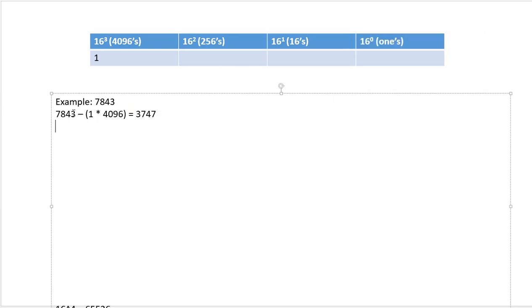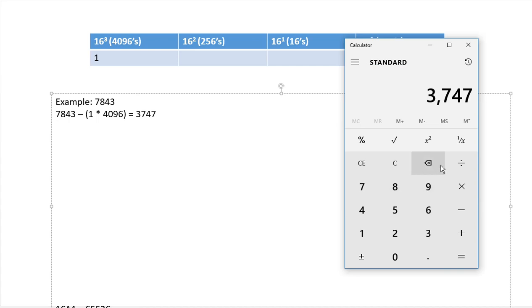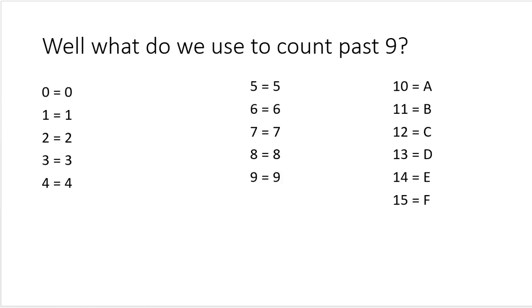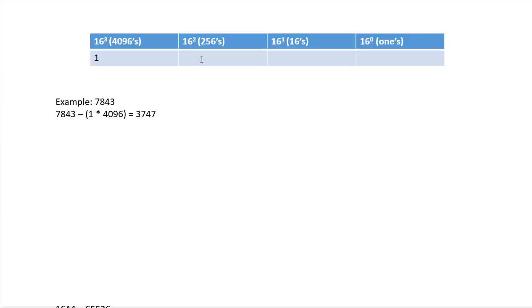So now we need to think about how many 256s go into it. We want to divide by 256. It comes up to 14.63, and so on. Since we have the number 14, we don't actually use a regular number anymore. If we come back to here, you see the number 14 is represented by the letter E. So we just input E to represent 14.